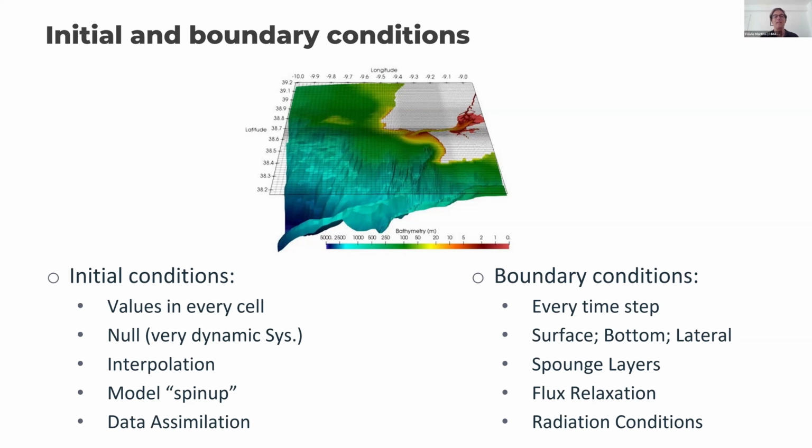I must impose what is happening outside my grid at my lateral boundary, okay? But also in the bottom. The condition in the bottom, usually it's stress in a physical model, but if you have an ecological model, it can be fluxes of oxygen, of nutrients. If you have a sediment model, it can be fluxes of sediments, whatever, in the bottom, okay?